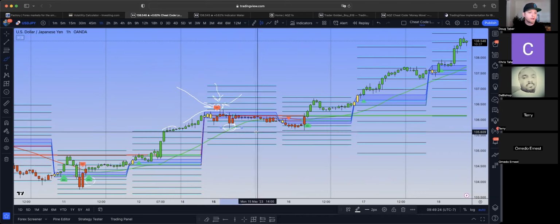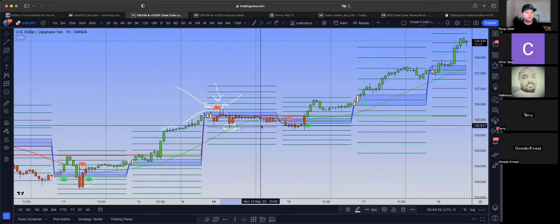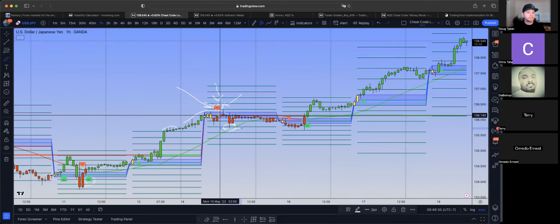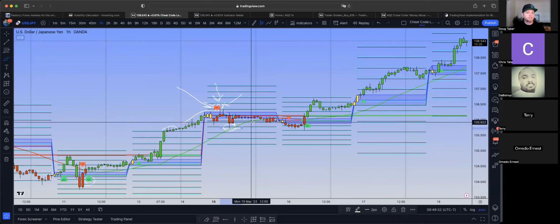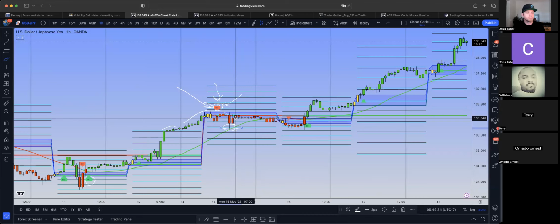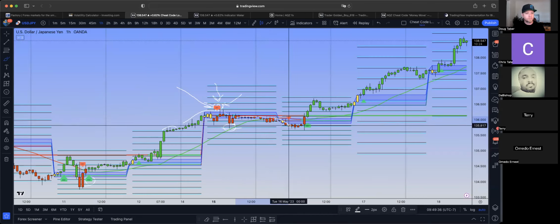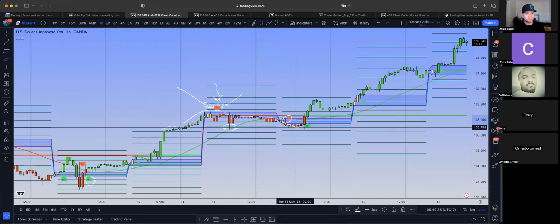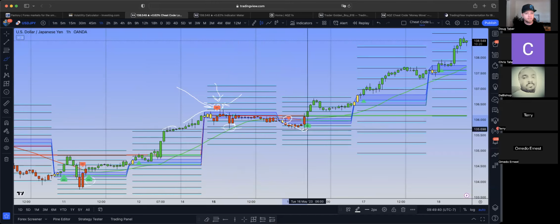Remember, take profit 2 is the level you want to place your stop loss at break even. It's a good place to take partials as well. Keep compounding your account. Price gave another sell here to take profit 2 again. Remember, stop loss at break even at that level.